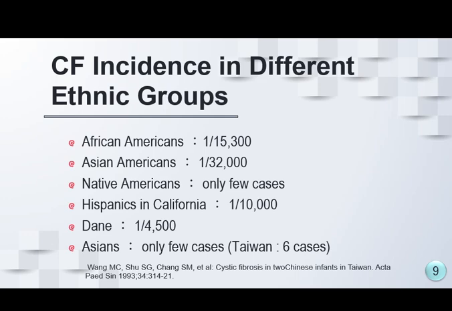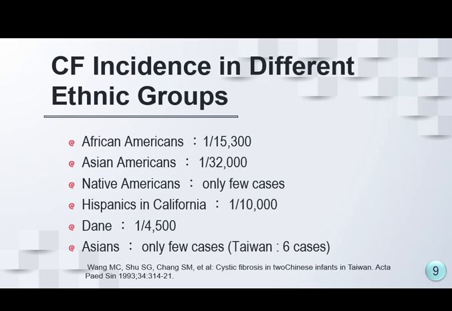In Asians there are very few cases, and most are Hispanic in California. Although the incidence is about 1/10,000, they have very different clinical symptoms compared with the Caucasian.